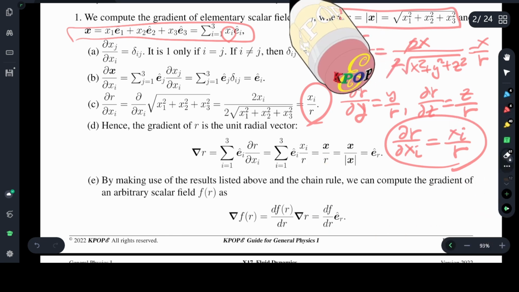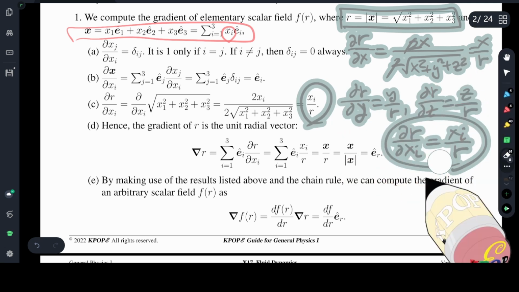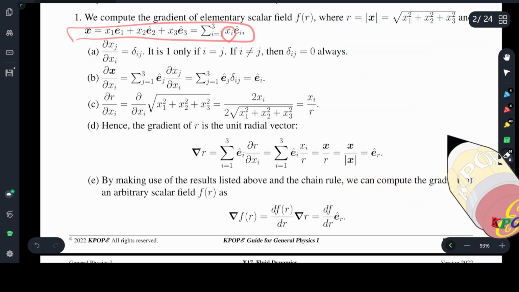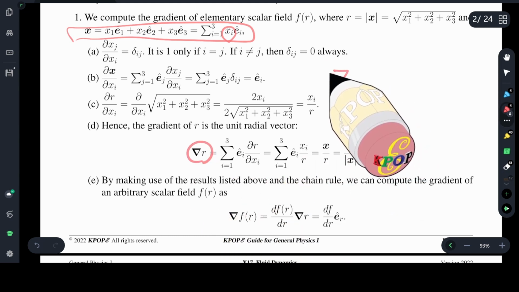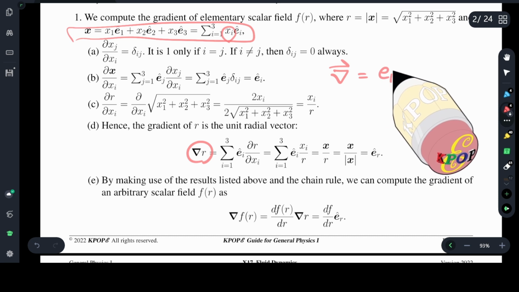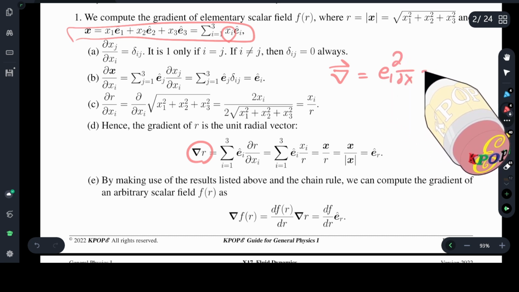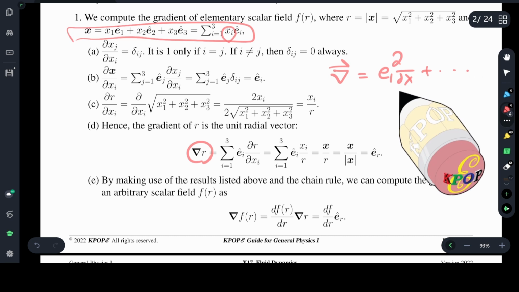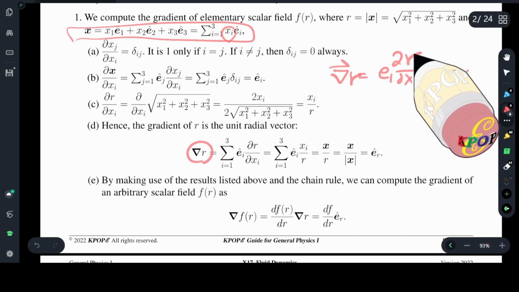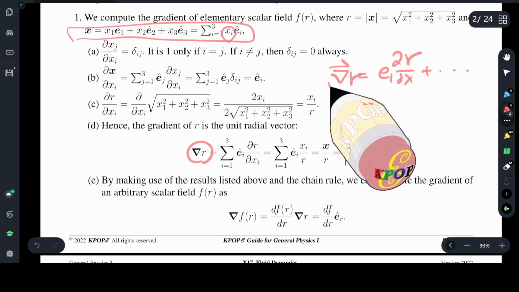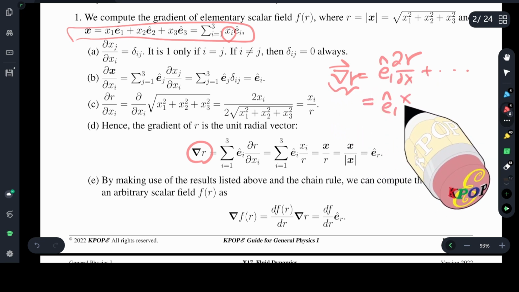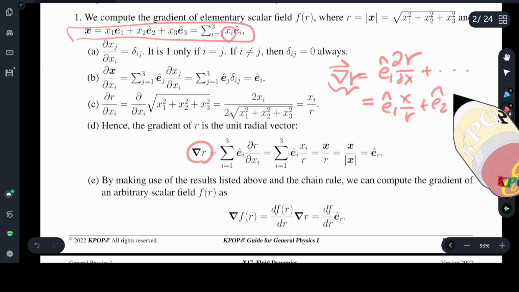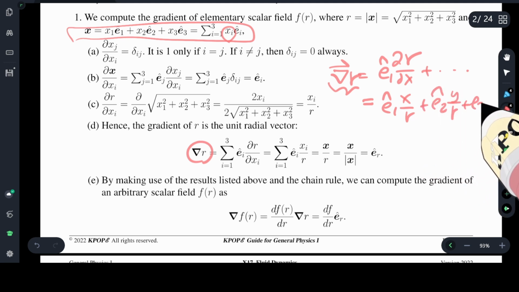As a result, if I take the gradient operator of r, the gradient of r is e1 hat x over r, e2 hat y over r, and e3 hat z over r.